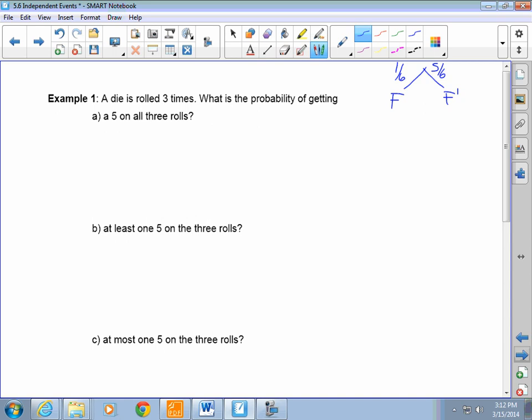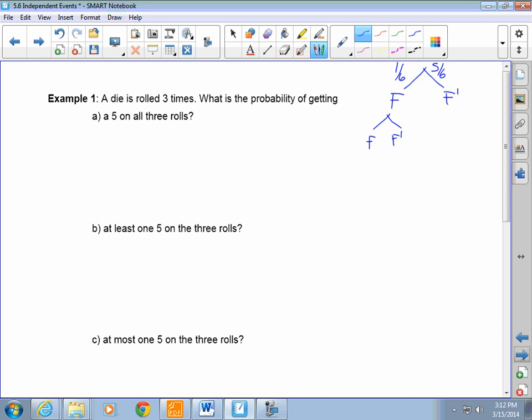So on the next roll, what is the probability that you get a 5 given that the first roll was a 5? So again, we're looking at that 5 and not 5 on the second roll.